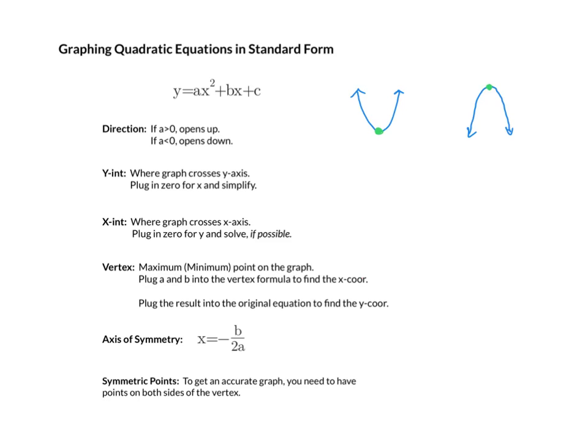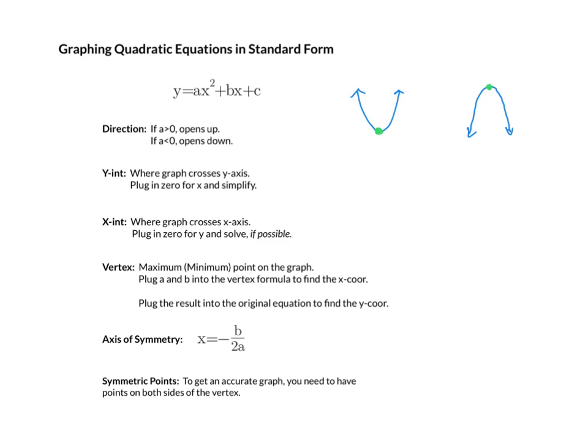Now when you're working on your homework, be very careful because sometimes they will ask for a maximum or minimum point, which you will have both x and y, you will have the vertex. They may also ask for a maximum or minimum value, and in that case, you only list the y coordinate.